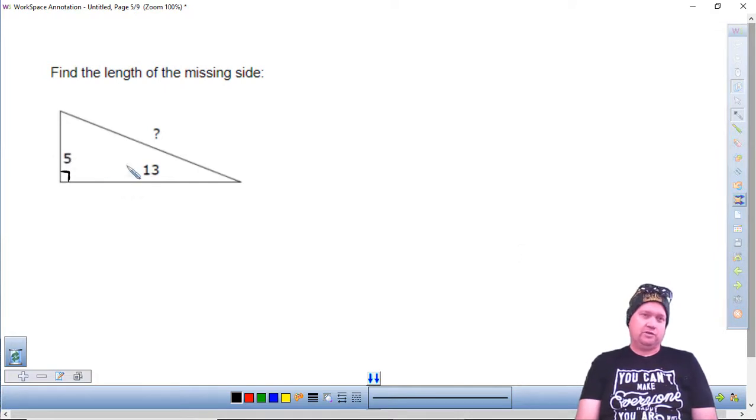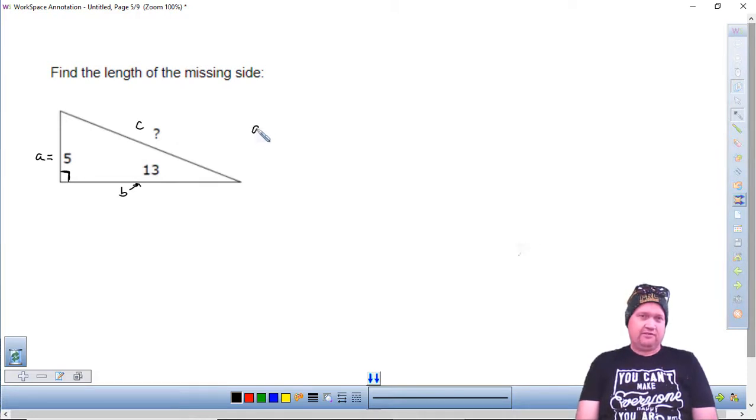It doesn't matter which one you call A and which one you call B. So I'm going to just call this one A and I'll call this one B. So in this example, B is going to be that 13 side right there. And the question mark is the one we're trying to find. And in this case, since it's away from the right angle symbol, it's opposite. It's the longest side. That's our C.